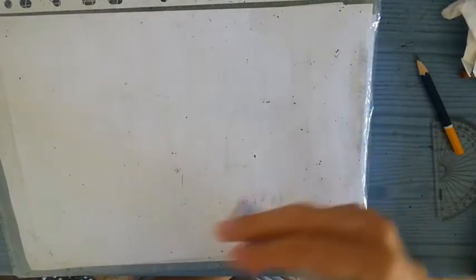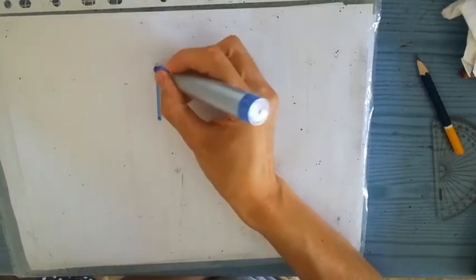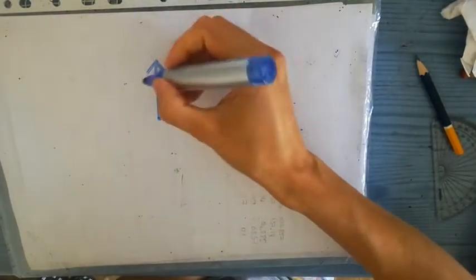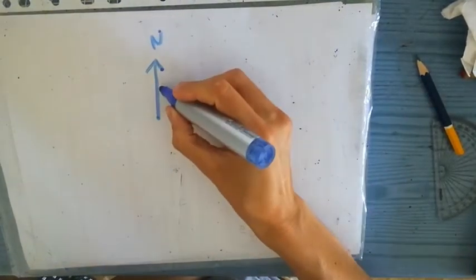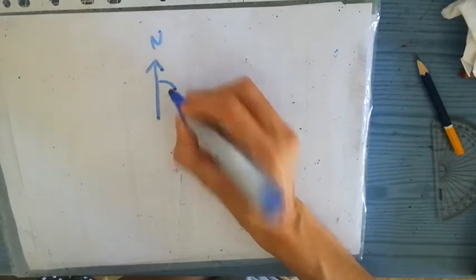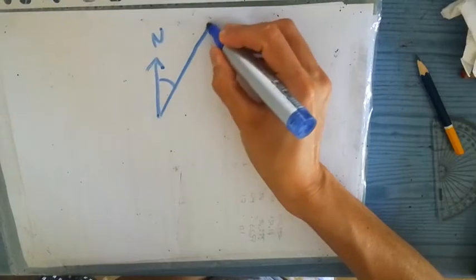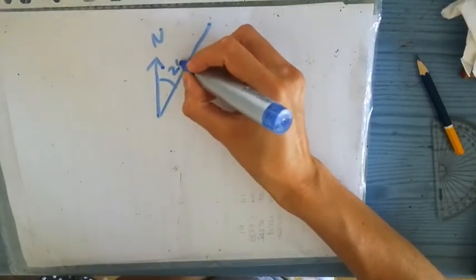So when we're talking about bearings, bearings are always measured, calculated, read, drawn from the north. So when someone says at a bearing of 20 degrees, you have your north and you have to move in the clockwise direction. So 20 degrees will be in this direction.